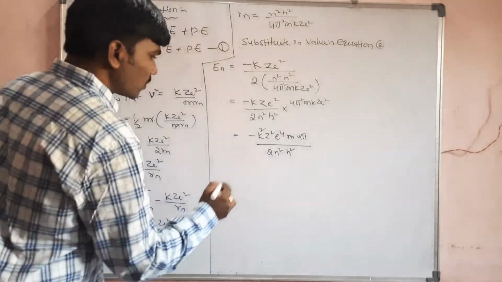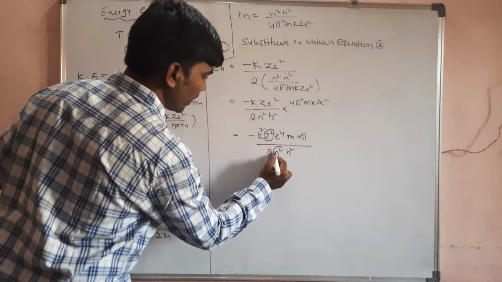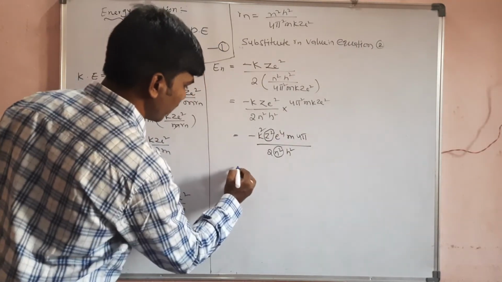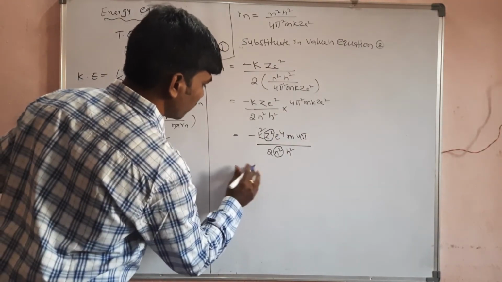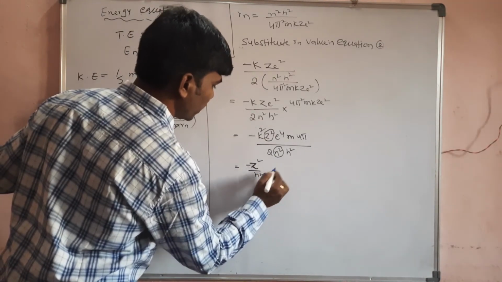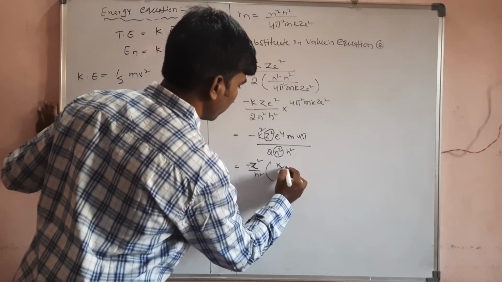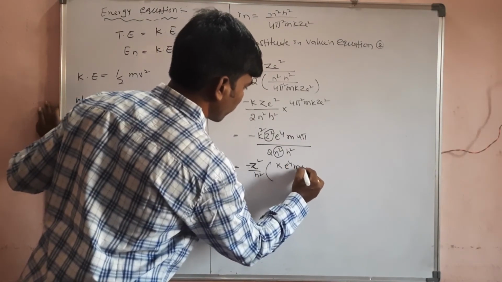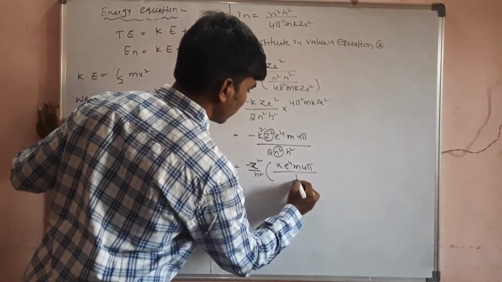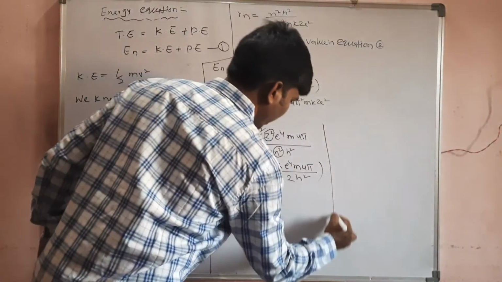By substituting here, the n value varies, as well as the n square value, while the remaining things do not vary. So Z square by n square into k e to the power of 4 m 4 pi square, then 2 h square.